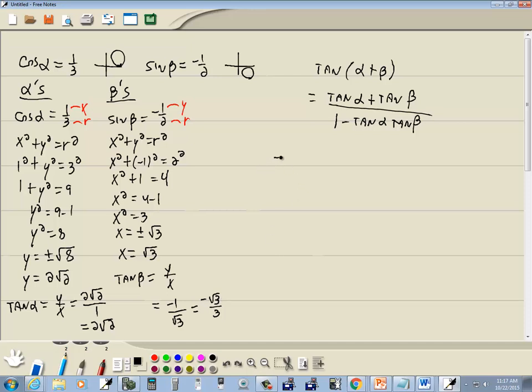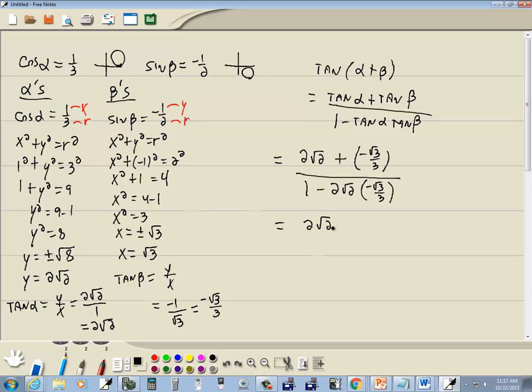Well, now we're ready to plug this into our formula. Tangent alpha was 2 square root of 2 plus tangent beta, which is negative square root of 3 over 3, over 1 minus tangent alpha, which is 2 square root of 2, times tangent beta, which is negative square root of 3 over 3. Now we want to simplify that.